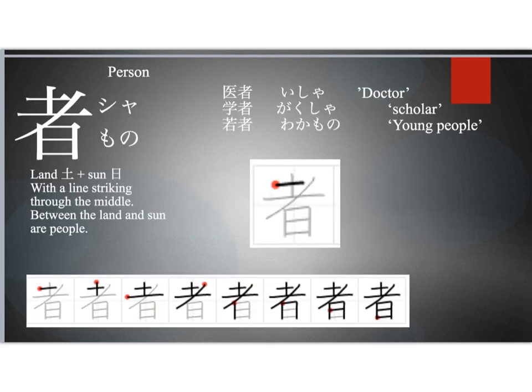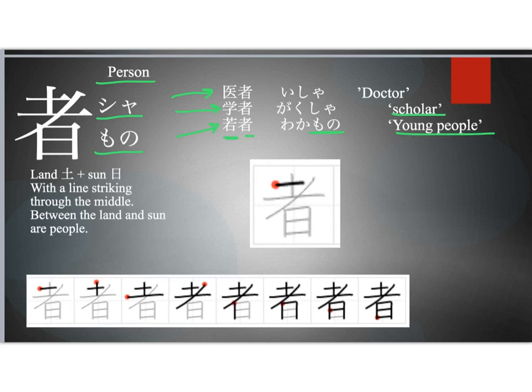The last kanji means person, and it's read sha. That's the onyomi. Mono is the kunyomi. And of course you see it in isha, gakusha, which means scholar, waka mono. In this case, mono is the reading for this, and we have wakai, so young person, meaning young people.